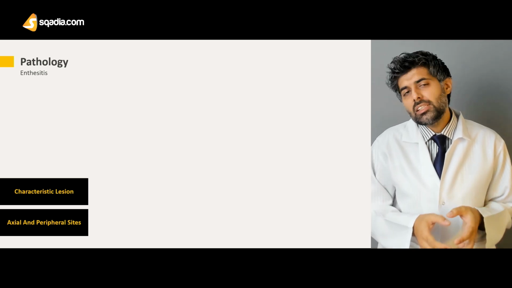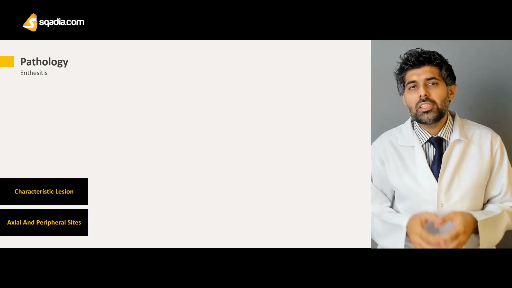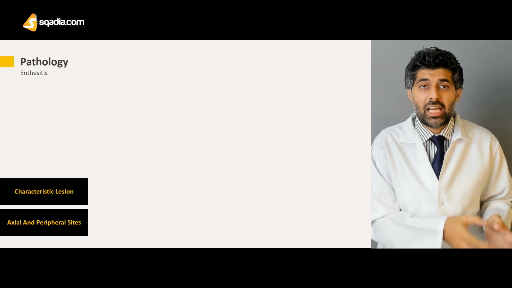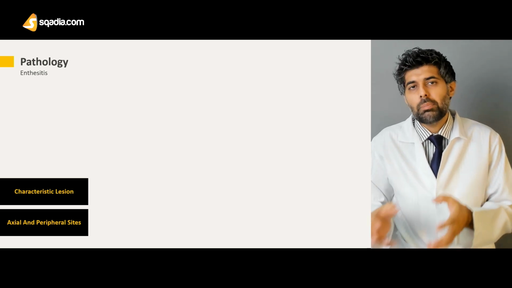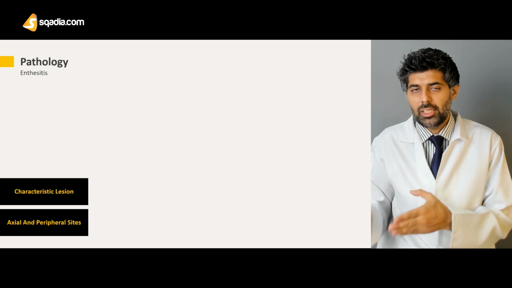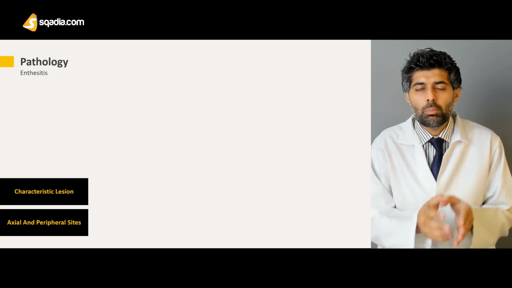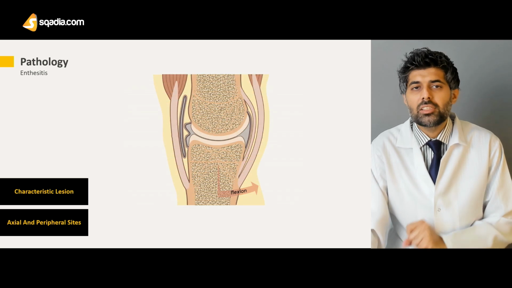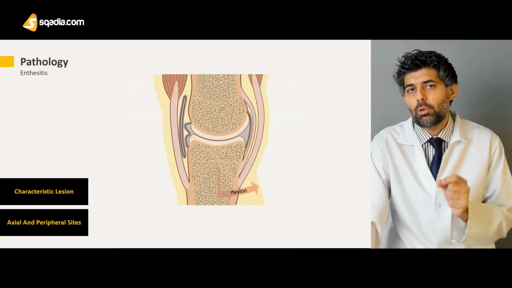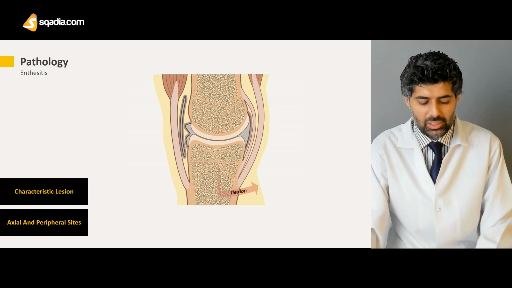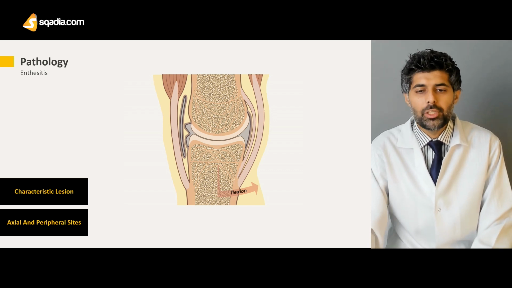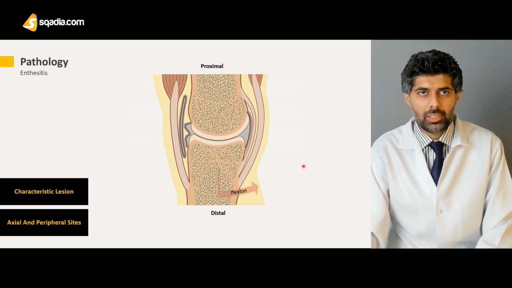Now, enthesis and the resulting enthesitis can be found both at the axial joint and at the peripheral areas, that is, the peripheral joints. In order to understand both the enthesis and the enthesitis, we have to take the help of a diagram. This is a diagram of a synovial joint with its distal end and its proximal end.